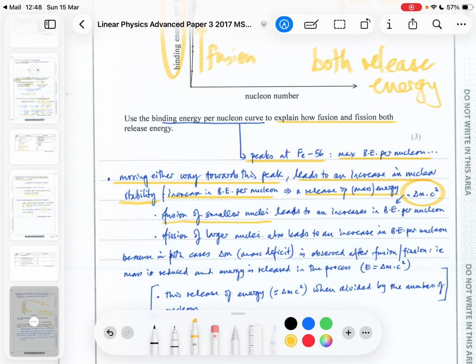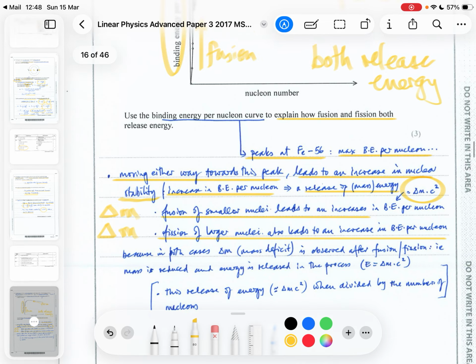So fusion of smaller nuclei leads to an increase in binding energy per nucleon because we release some mass. Yeah, so you get some mass released. And same with fission of larger nuclei. When you look at the mass before and after, you also got some release in m. Okay, so the mass will decrease in both cases.